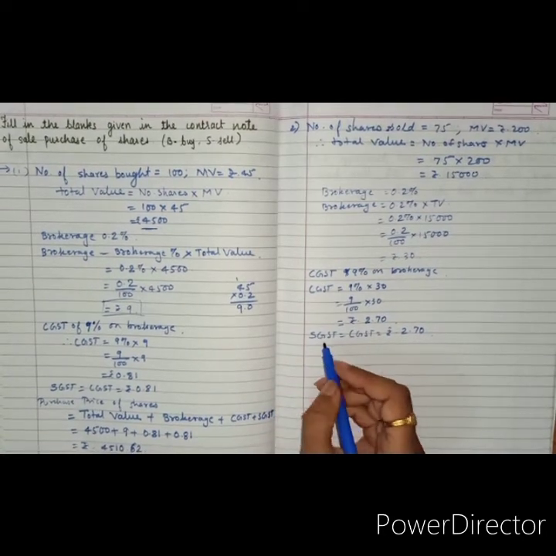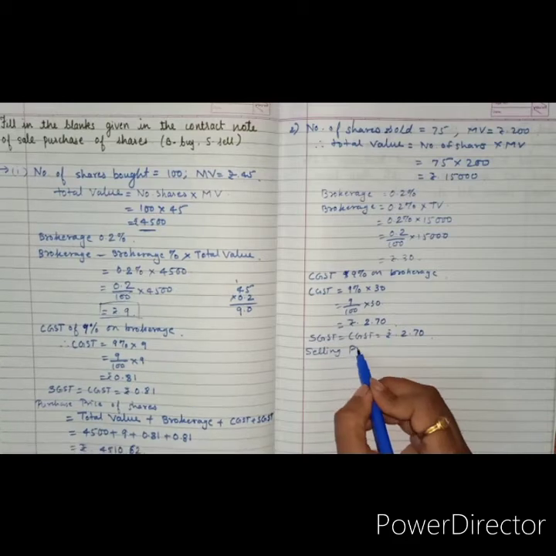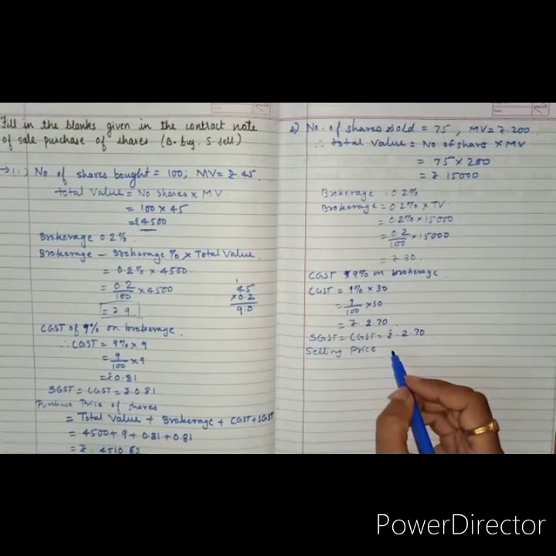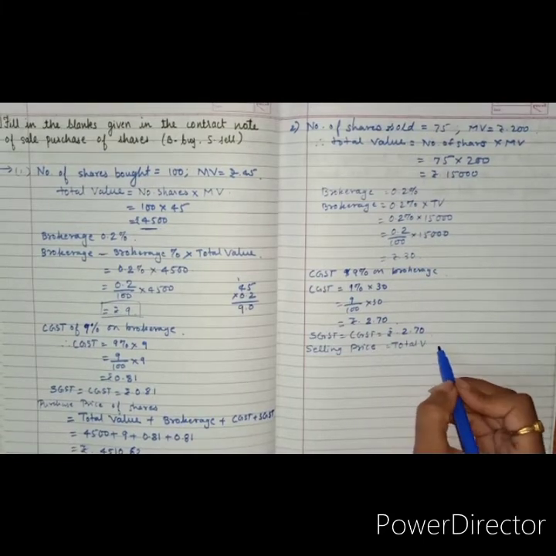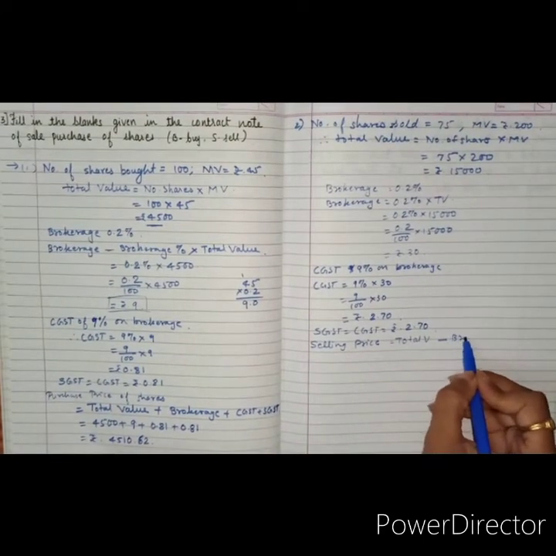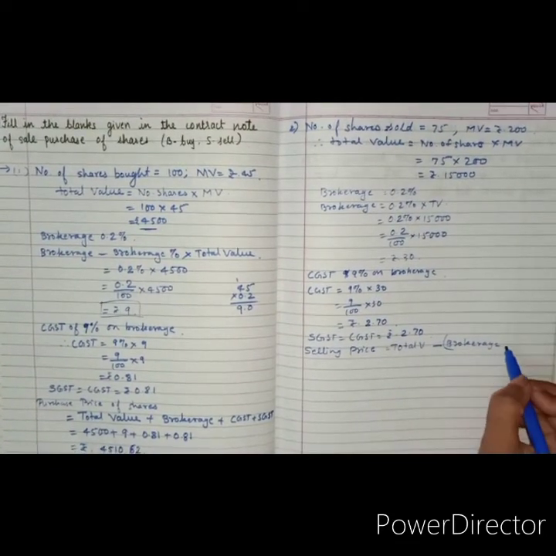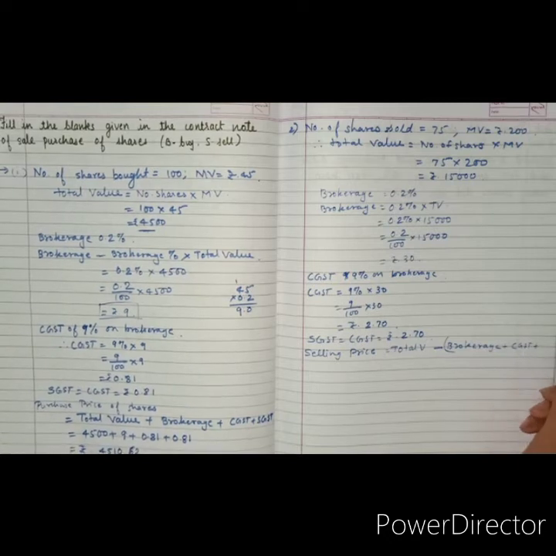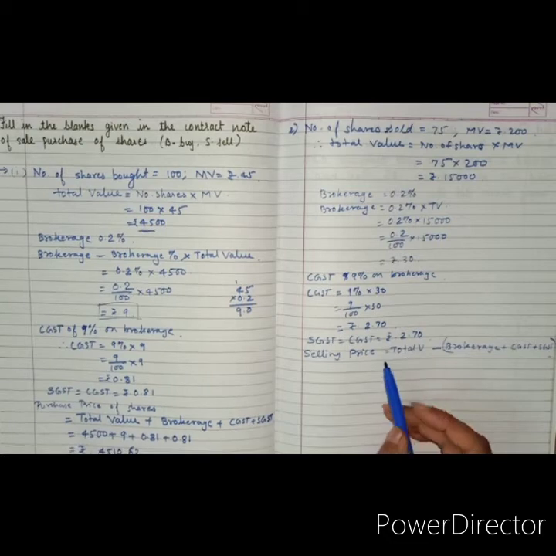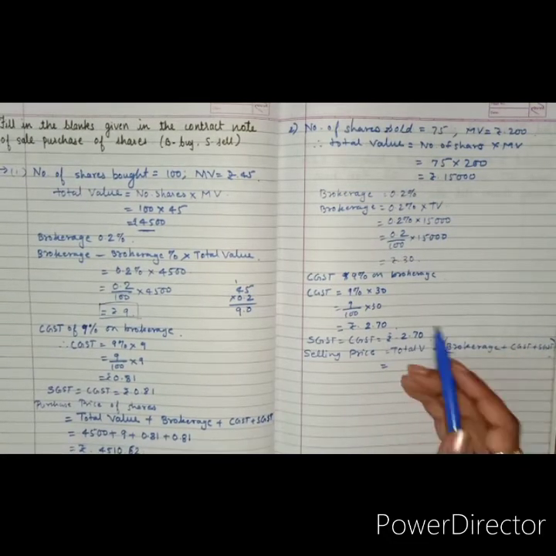Now selling price. Here it was purchase price, now here it will be selling price. Selling price will be what? Total value. Now he has to give brokerage in between, so he is going to subtract brokerage, but brokerage is including CGST and SGST. I hope you have understood what I have written. From total value, brokerage will go, CGST and SGST will also go.